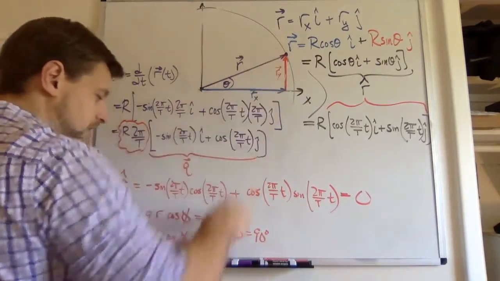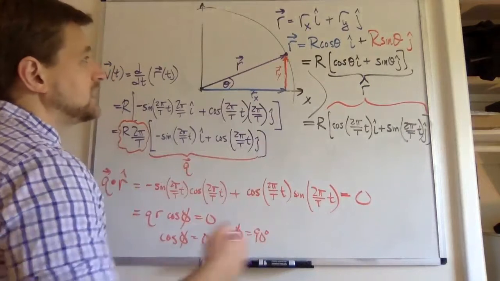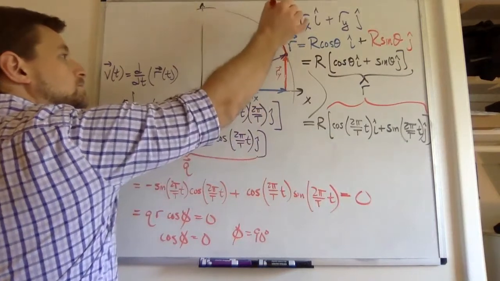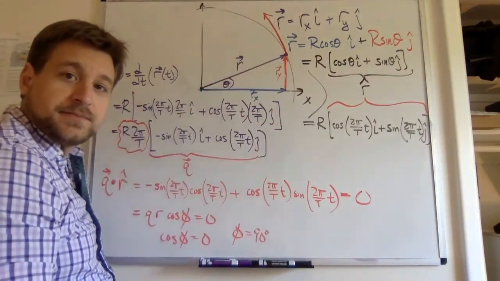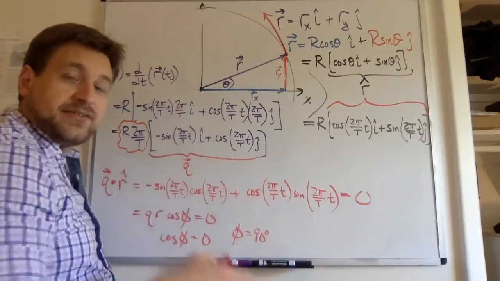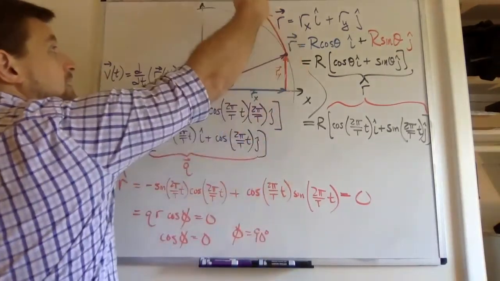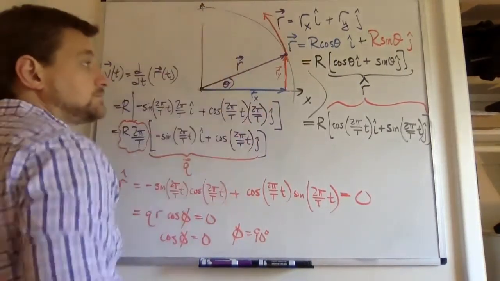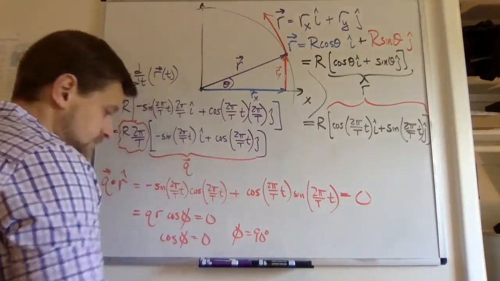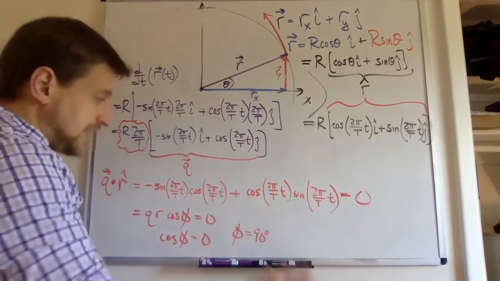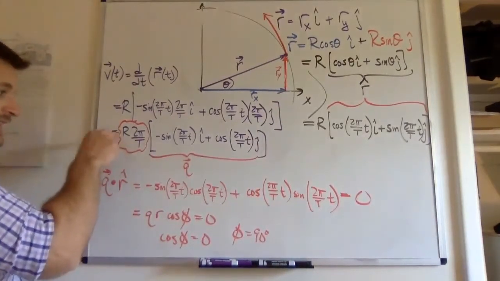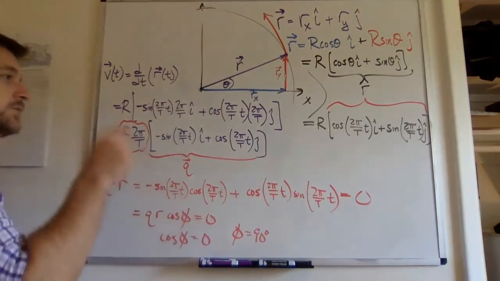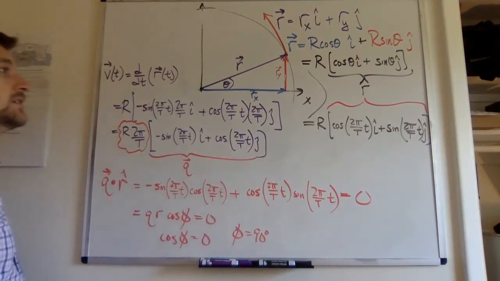So it's perpendicular to r and to the left and up, that's this way. That's tangent to the circle. Perpendicular to a radius, that's tangent to a circle, and it's indicating the direction that we're going around the circle, counterclockwise. Wow, okay, so the velocity at all times must be perpendicular to a radius, which means tangent to the circle. Very cool.